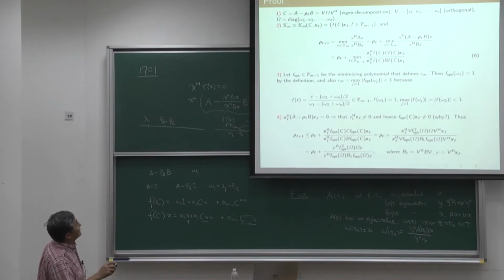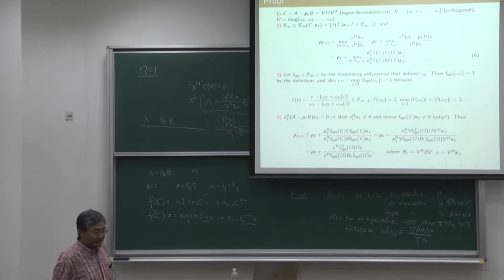Then you look at the next approximation, which is the best possible approximation in the entire space. So it becomes the minimum over x in the Krylov subspace of the Rayleigh quotient. In the numerator, we subtract rho L B and add rho L B, and the plus one we take out, becoming a constant; the rho L comes out.